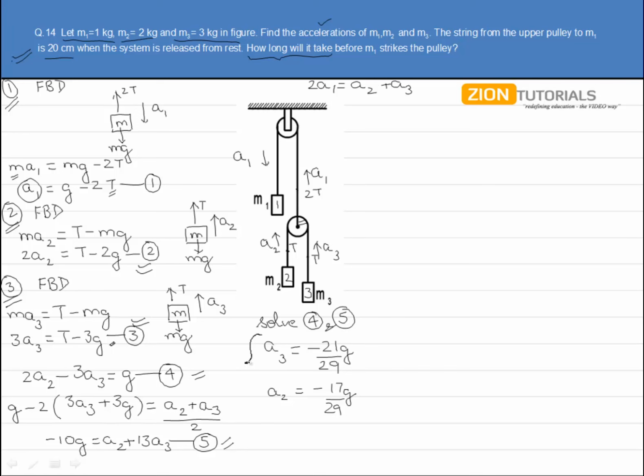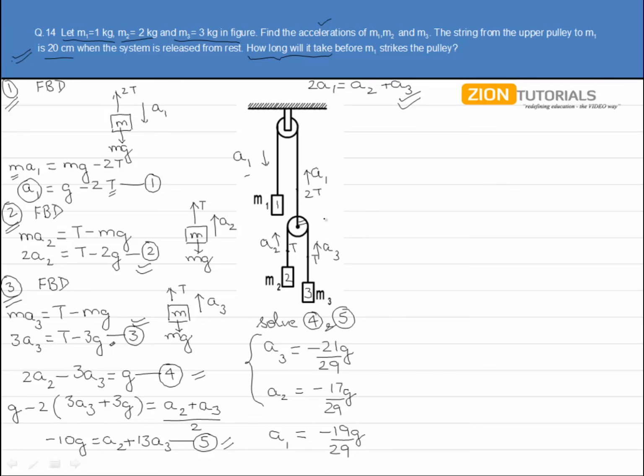Now, putting both of these values in our pulley equation, we can also find a1, which comes out to be minus 19g over 29. We have a minus sign in each of these accelerations, which implies that the M3 block is actually accelerating in the downward direction. The M2 block is also accelerating in the downward direction, while the M1 block is accelerating in the upward direction. So we have done the first part of the question.